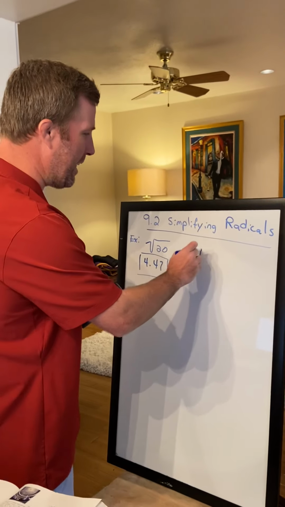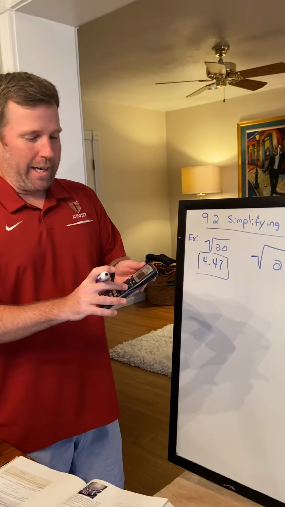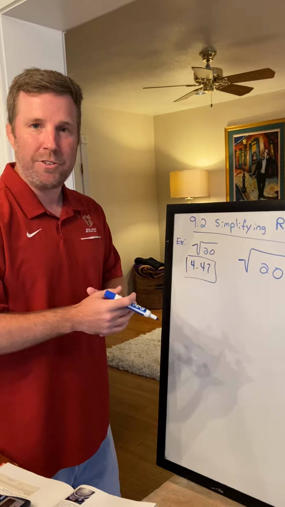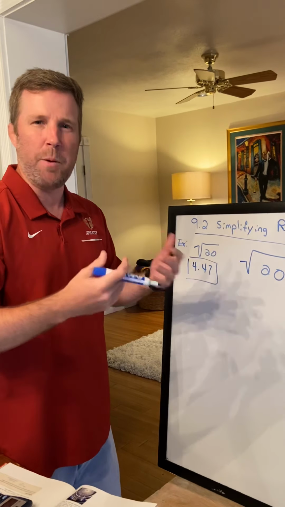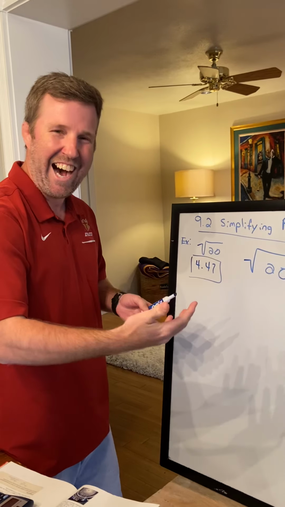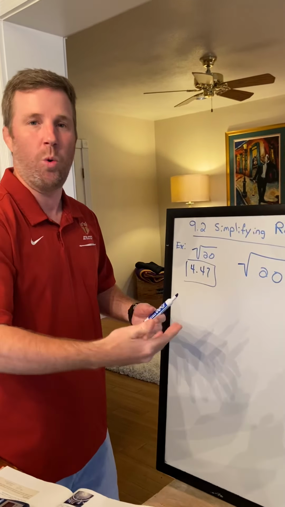We can break this square root of 20 down into the product of two factors. And we want one of those factors to be a perfect square. So think about it. Our perfect squares are 1, 4, 9, 16, 25, 36, and so on.